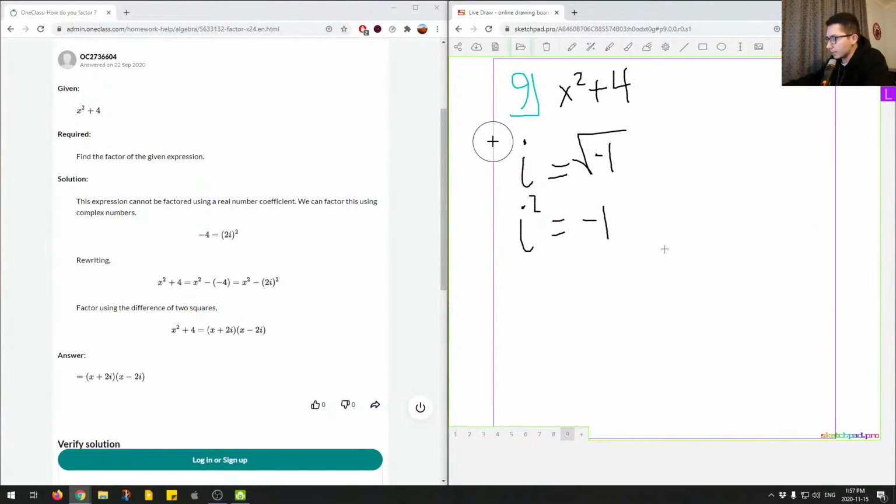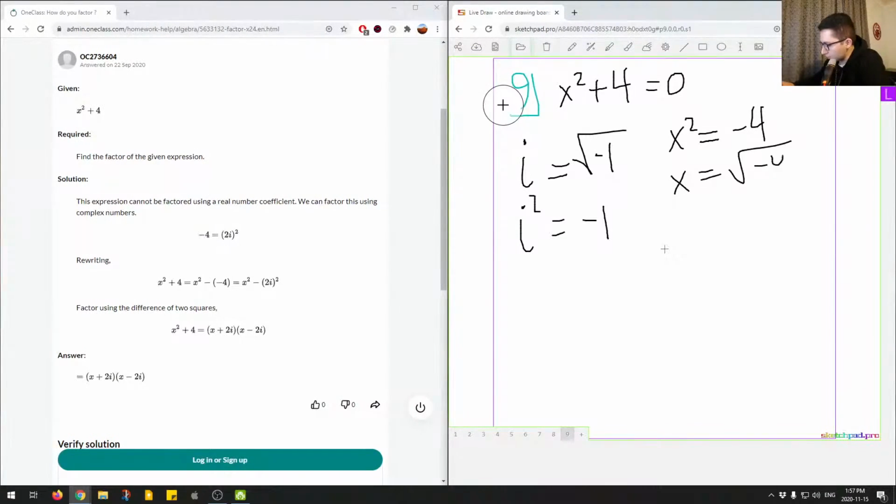So knowing this, let's say we set this to 0, we have x squared equals negative 4. So we move the positive 4 to the other side. We end up with x is equal to plus or minus the square root of negative 4. We know the square root of 4 is 2, so we can say it's plus or minus 2.